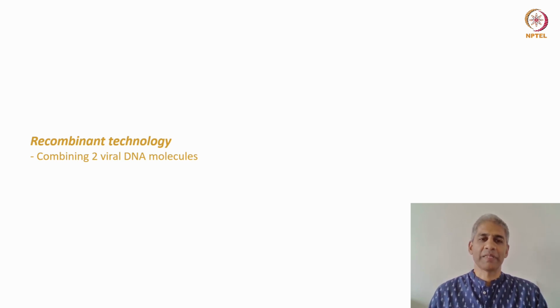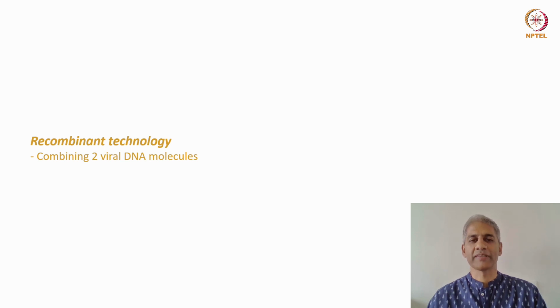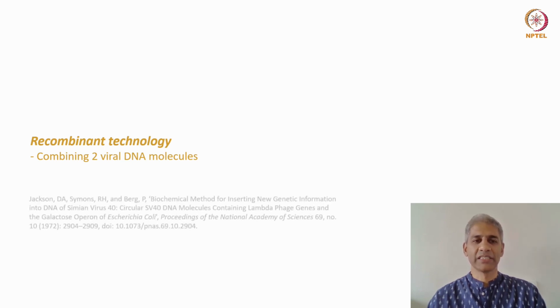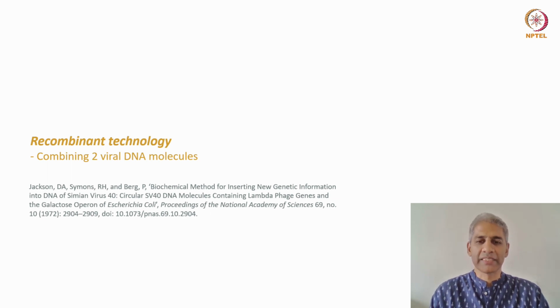In this first experiment, a simian virus molecule, SV40, was spliced with another viral molecule called lambda phage to produce a recombinant DNA molecule, SV40 plus lambda phage. This first experiment was reported in 1972, I should say, not done in 1972.